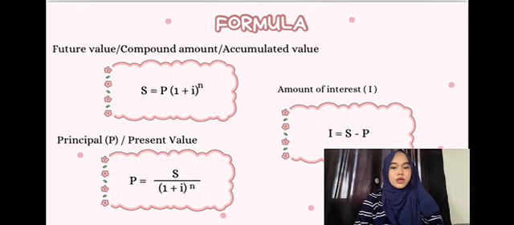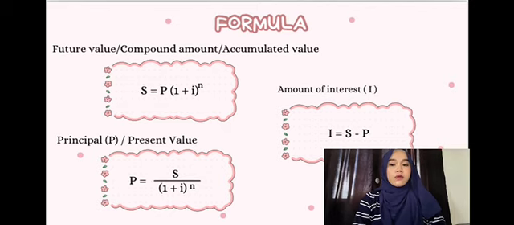For chapter 1, we also know we can use a formula for the future value, or compound amount, or accumulated value. We can use the formula S equals P(1 + i)^n.